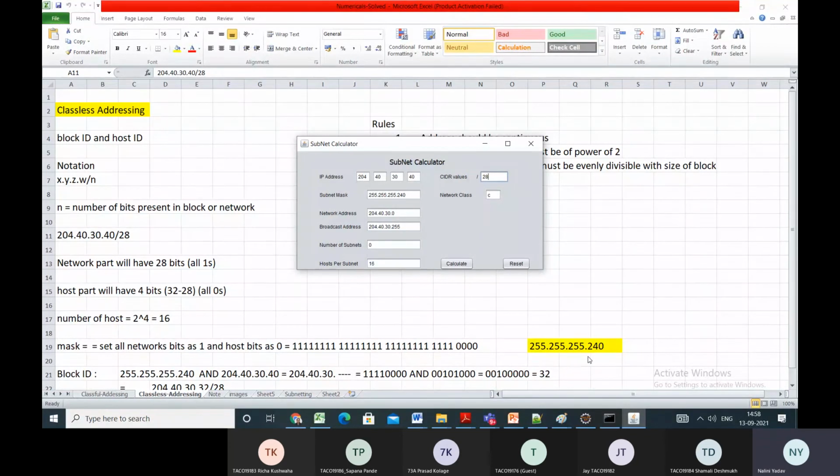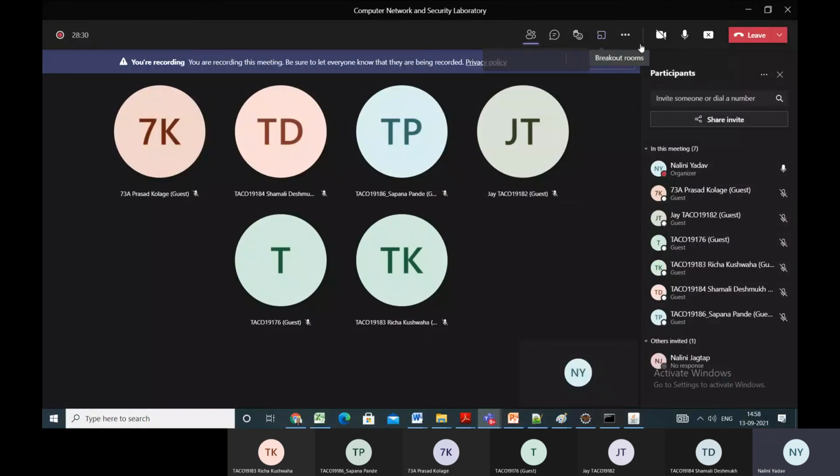My broadcast address will be 204.40.30.255. That is going to be my broadcast address. So this is how I am going to calculate the CIDR, that is the subnet mask, the network address, broadcast address and network class for the given network. I will be sharing all these codes with you also. I hope this subnetting part is clear to every one of you.